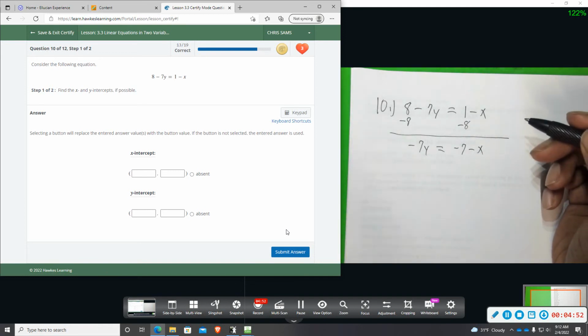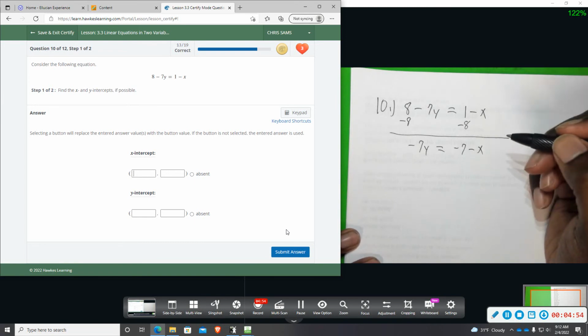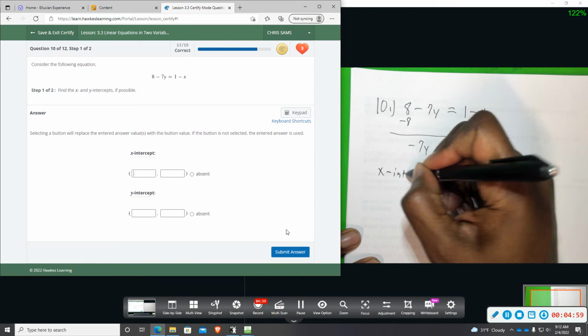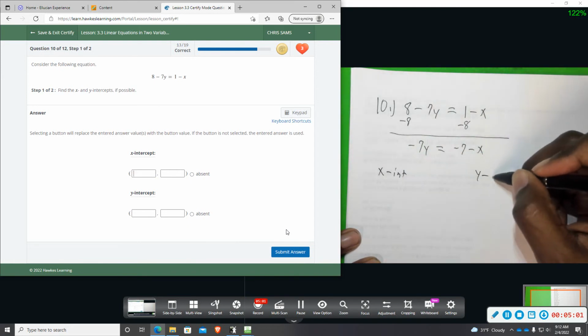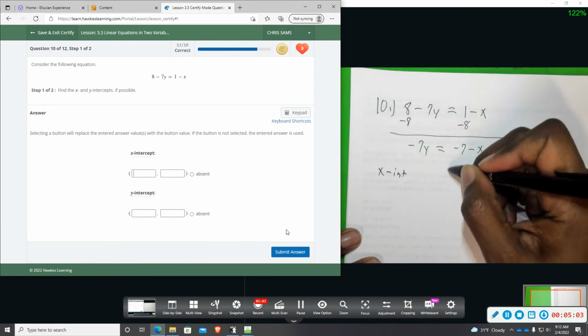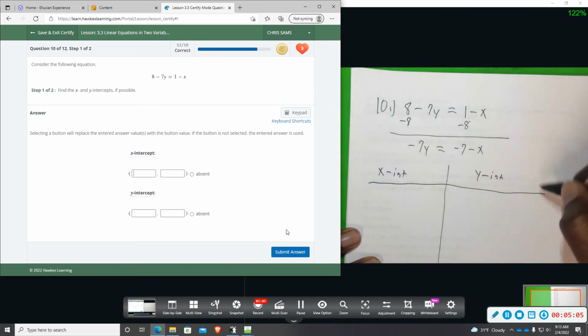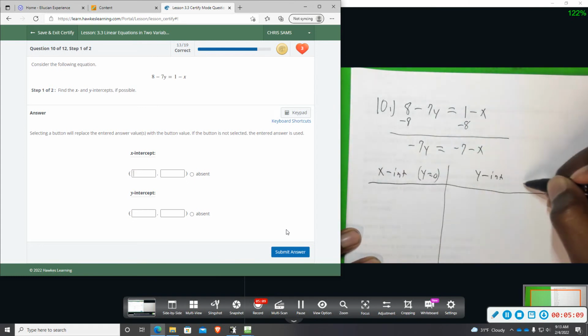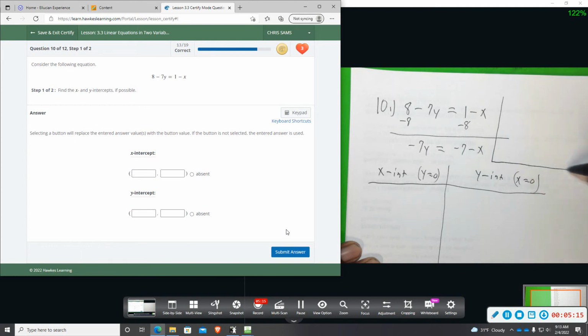And then from here, I'm going to do x and y intercept. y equals 0, and then x equals 0. Now, I think I want to, at this point, show you some calculator options as well.